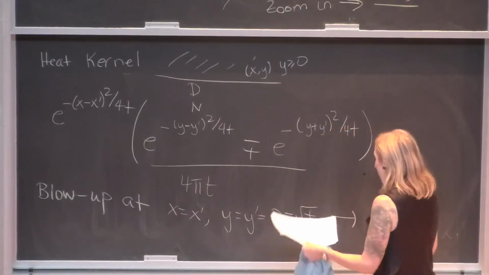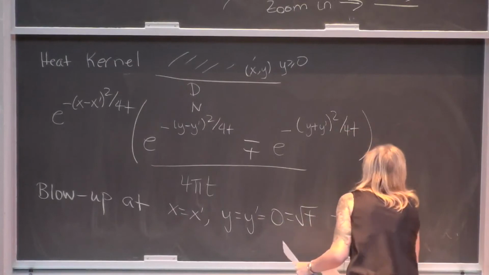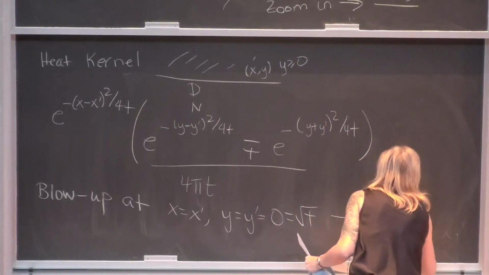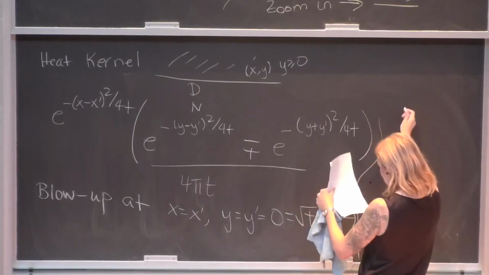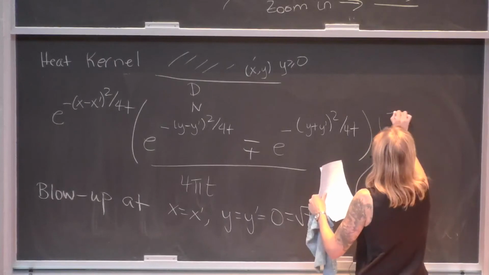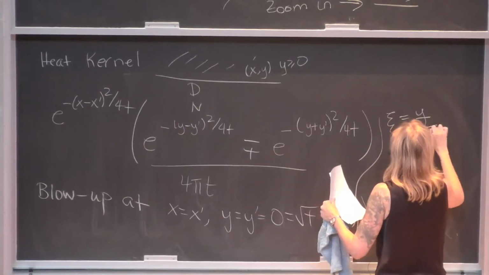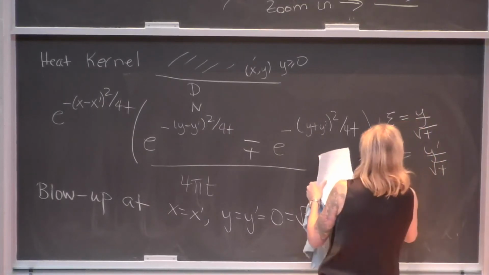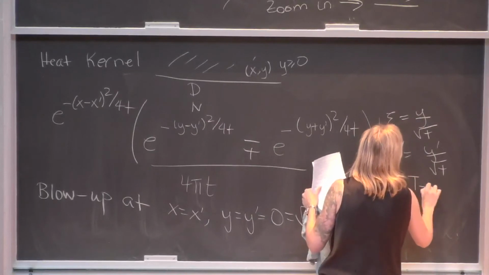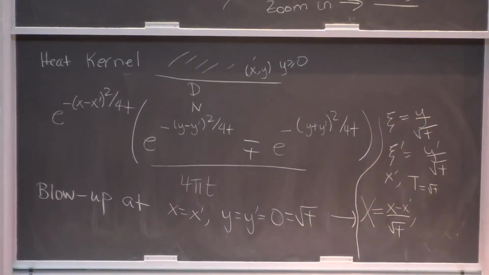So after blowing up, new nice projective coordinates would look like, for example, big X is little x minus x prime over root t. And capital Y is y over root t. Y prime is the same thing with the y prime. And then we have x prime and then capital T, which is square root t. And so then we can rewrite our model in these coordinates.